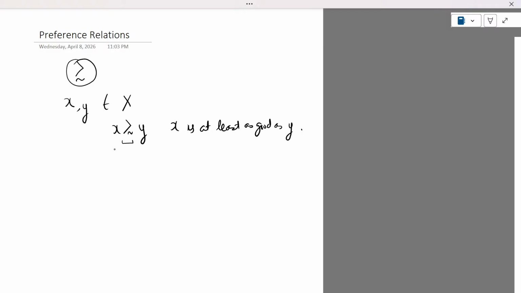Now, why do we start with such a weak preference? This is because it's the most general comparison relation. Once we know this, we can also derive strict preference and indifference. Notice that this is not the same as greater than or equal to.